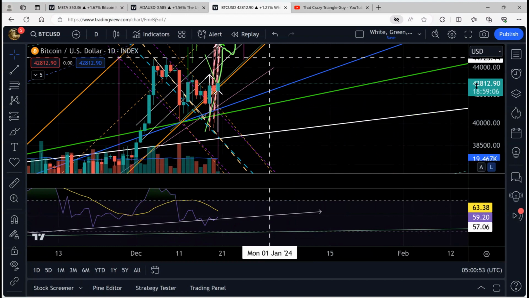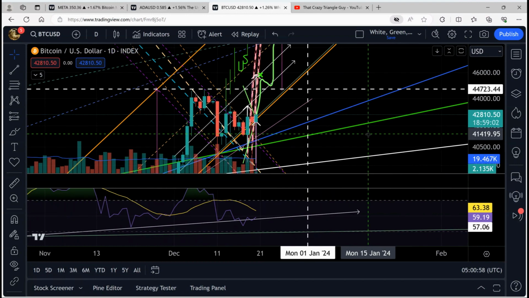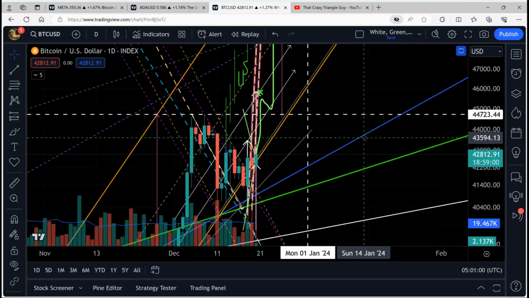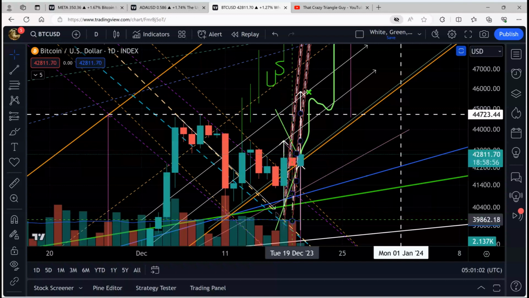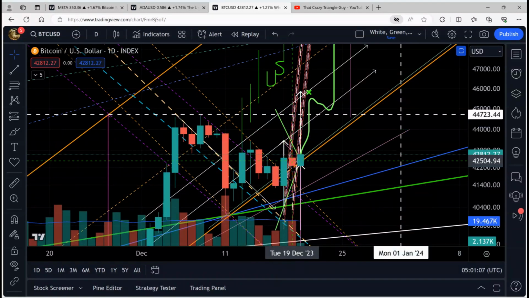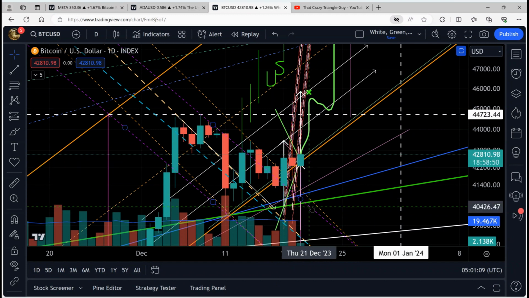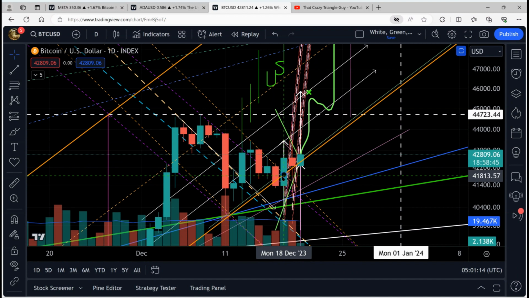Oh, holy crap! Look, we're at 42.8. So before we go, let's just zoom in. Oh, what I do want to point out here is that I saw this before on the daily time frame. This is a sliding pickle sandwich formation, which I don't know if you'll believe this or not, but I actually coined that phrase myself.